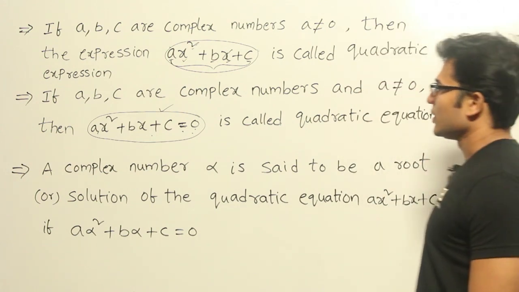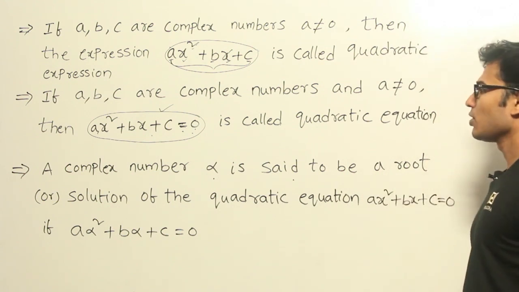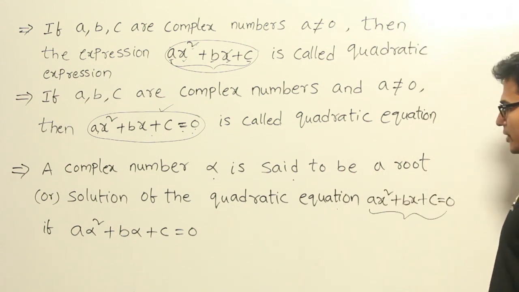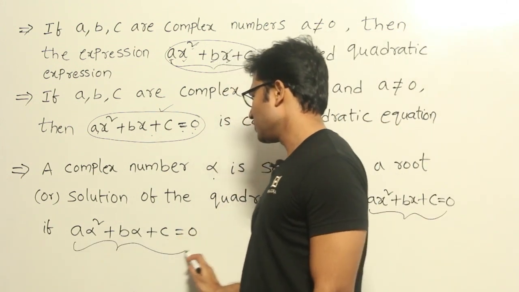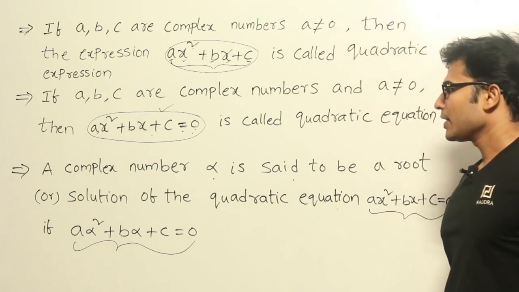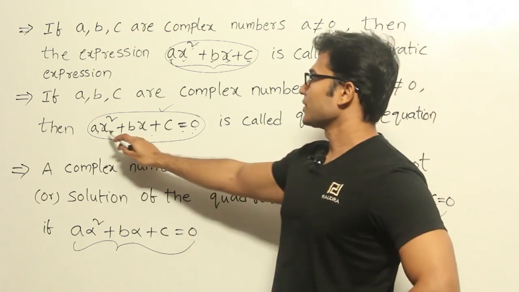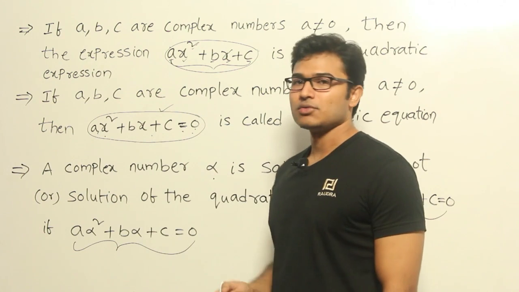And next, a complex number alpha is said to be a root or solution of the quadratic equation given by this quadratic equation if a alpha square plus b alpha plus c equal to 0. So what we mean by this is, we call a number the root of the equation if, when I substitute that number in place of x, this equation gets satisfied.